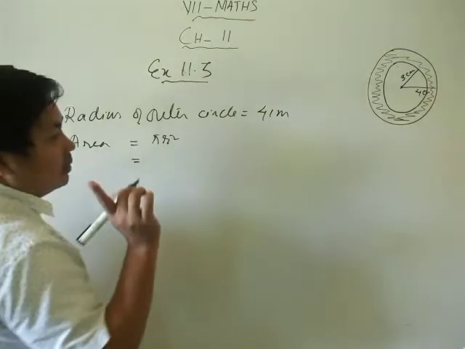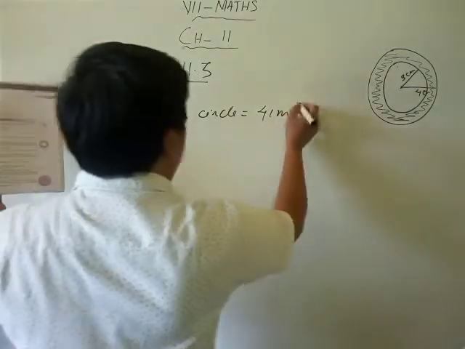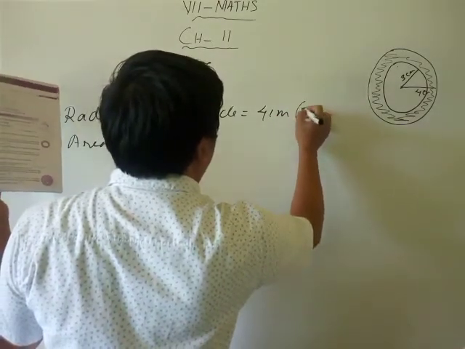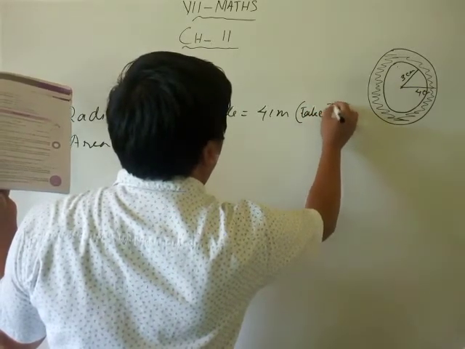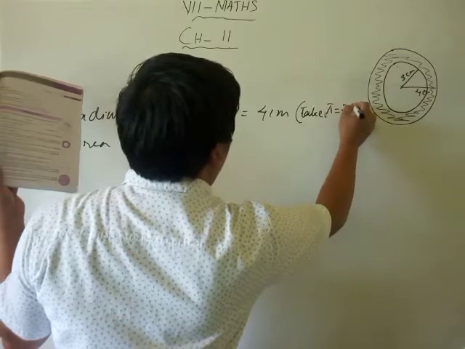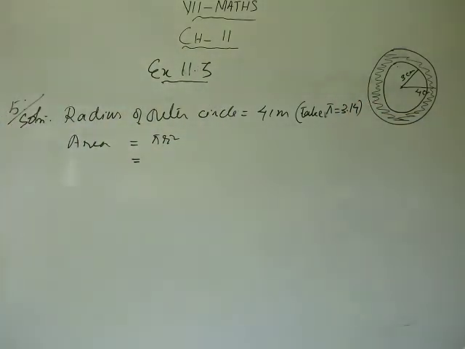They asked us to take pi as 3.14. We have to take this value of pi as 3.14.